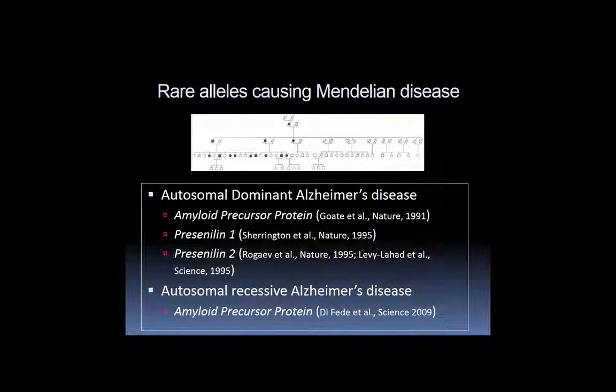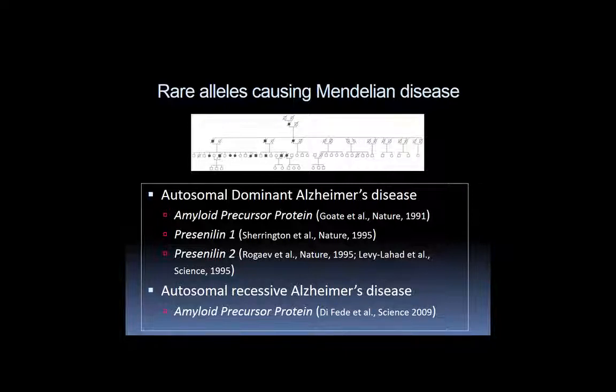And in all the years since then, I would say the vast majority of autosomal dominant AD is caused by a mutation in one of these 3 genes. There really are no big families where we've not found a mutation.